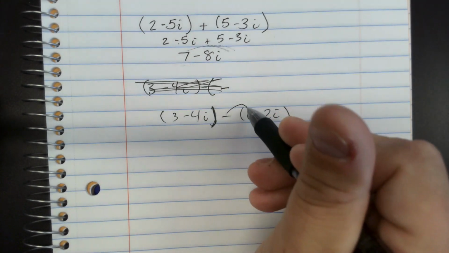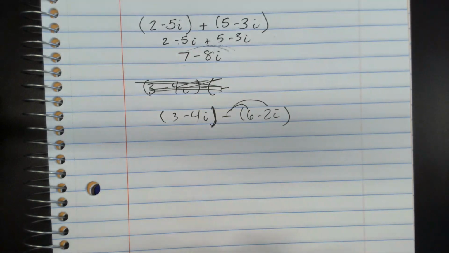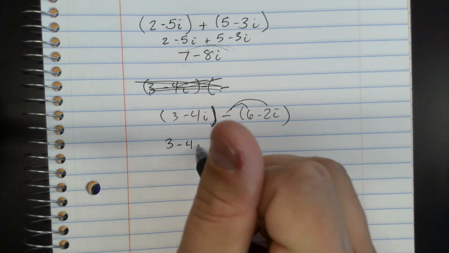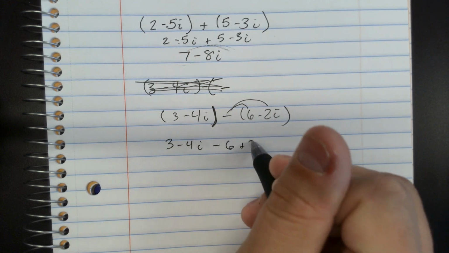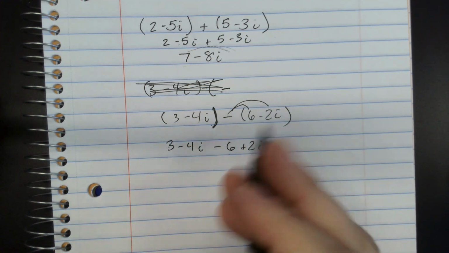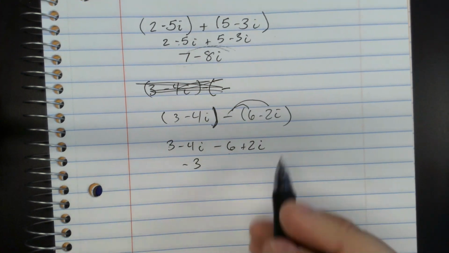We have to distribute that negative to the next two terms. When we do that, we get 3 minus 4i minus 6 plus 2i. So if the middle sign between the two complex numbers is a negative, we distribute it to the next two terms. Now we have 3 minus 6, which is negative 3.